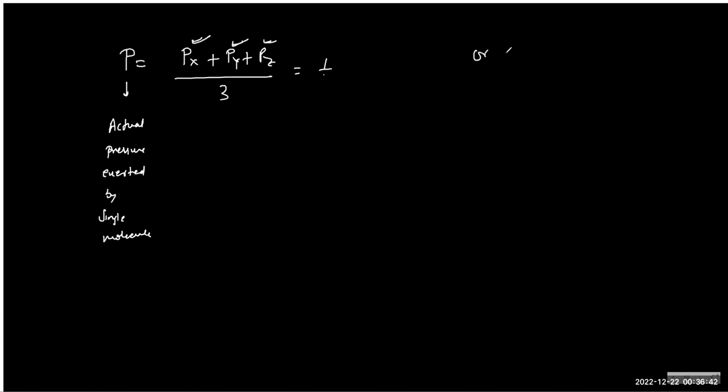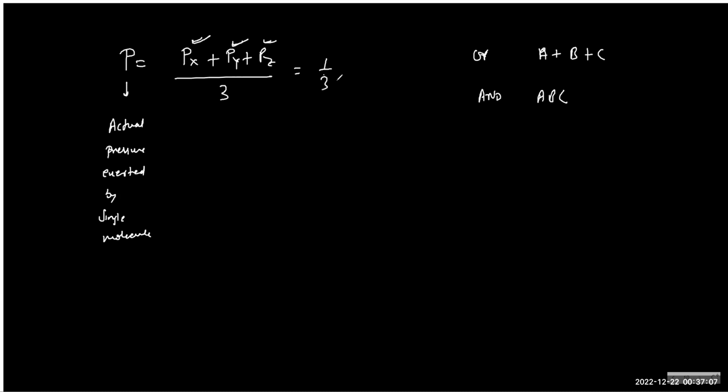When you use the word 'or' in the theory of probability, you add; when you use 'and', you multiply. Because every probability is equal, the actual pressure is the sum of 1/3 of each term.